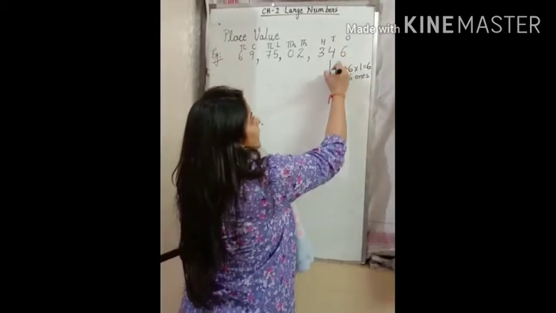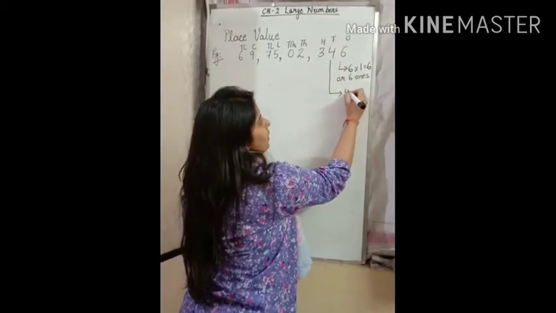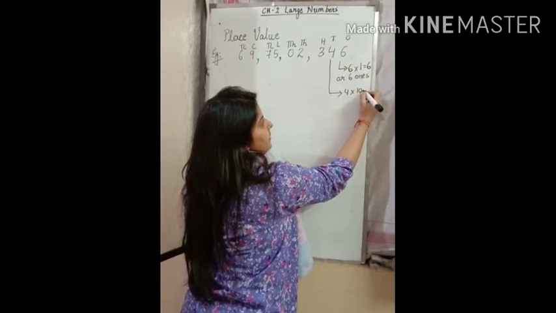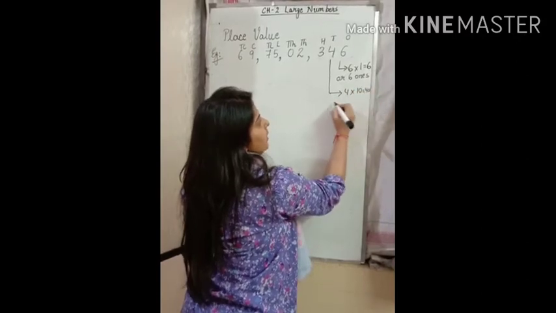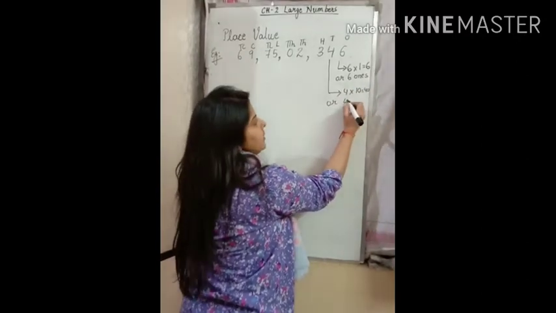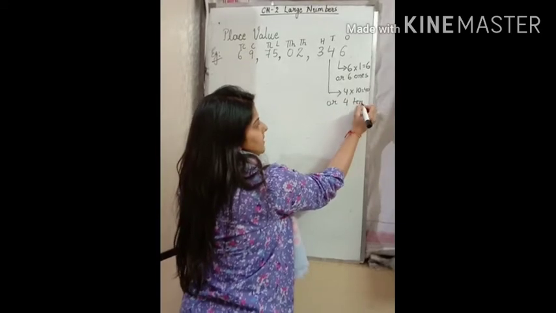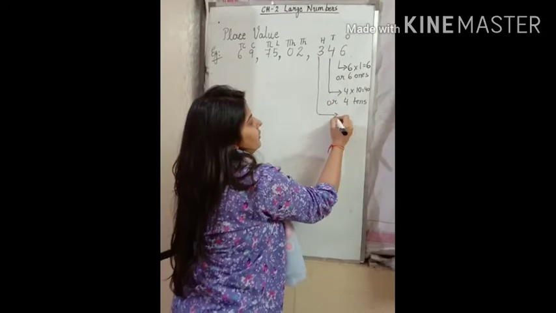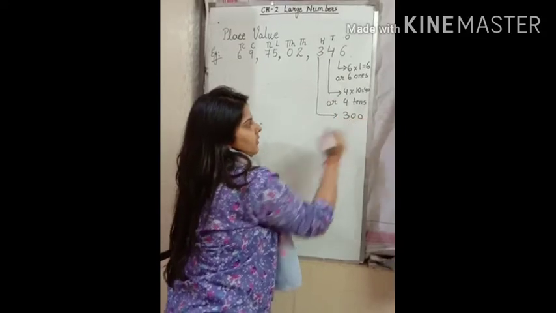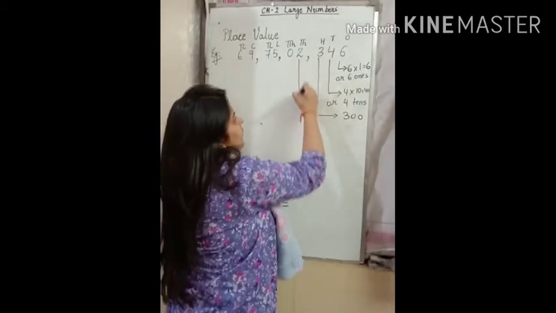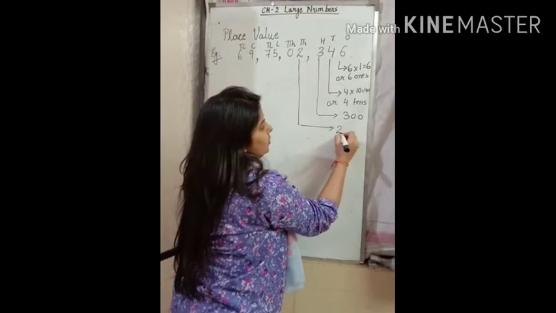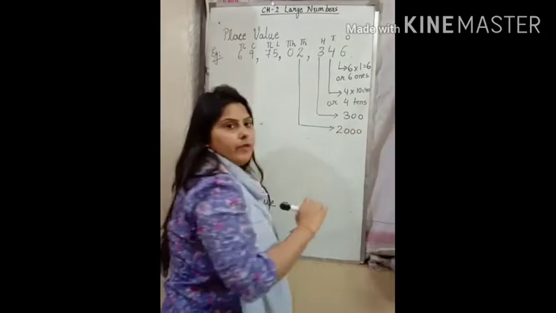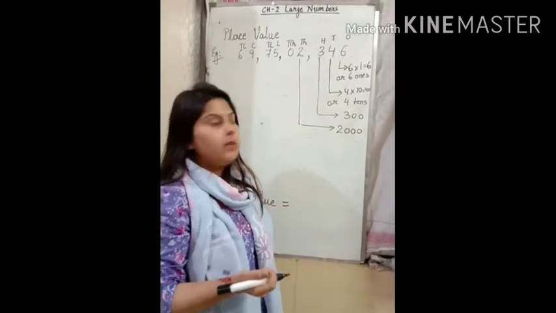Similarly, the place value of 4 will be 4 multiplied by 10, that is 40, or we can write it as 4 tens. Place value of 3 will be 300. Place value of this 2 will be 2000, or we can say 2000s.